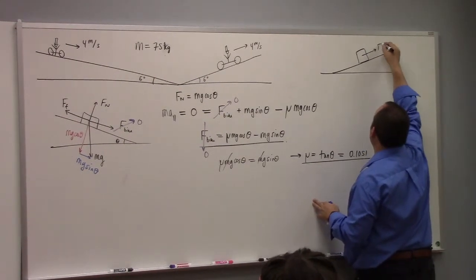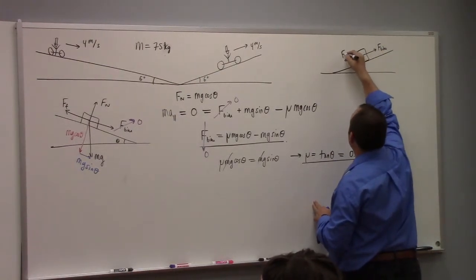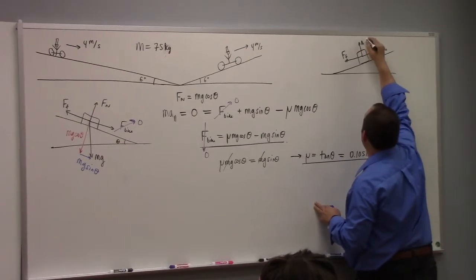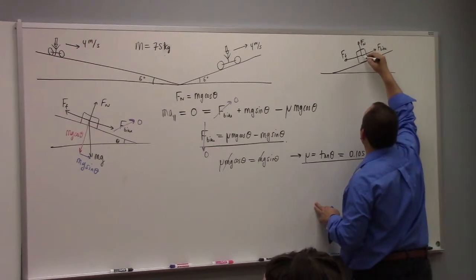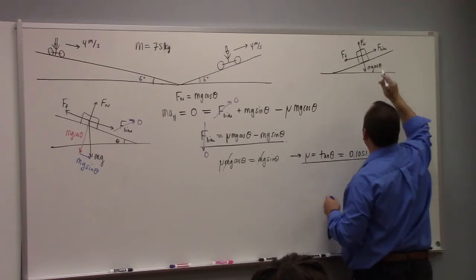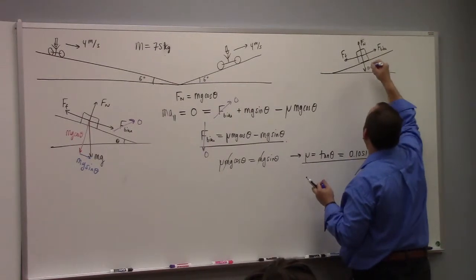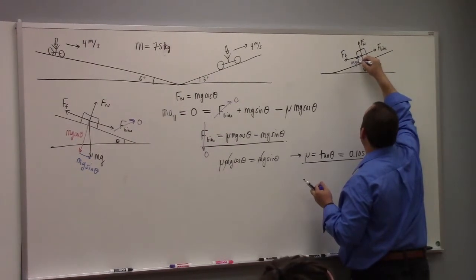You've got the force of the bike. You've got friction force, right? You've still got the normal force. You've got mg cosine theta this way, and you've got mg sine theta that way, right?